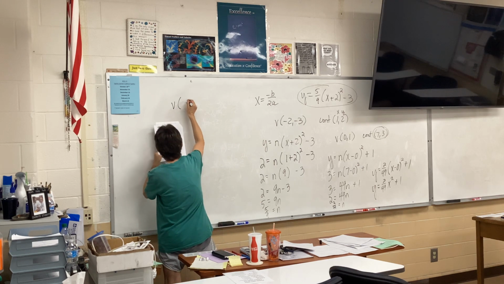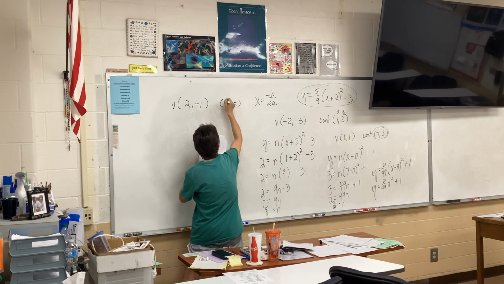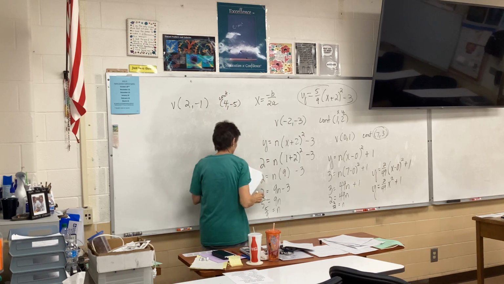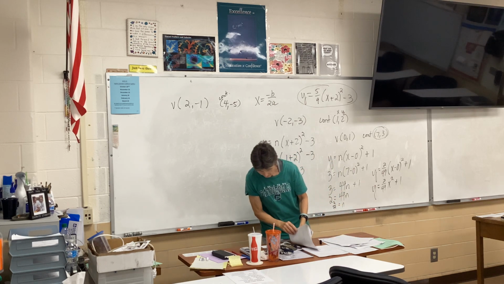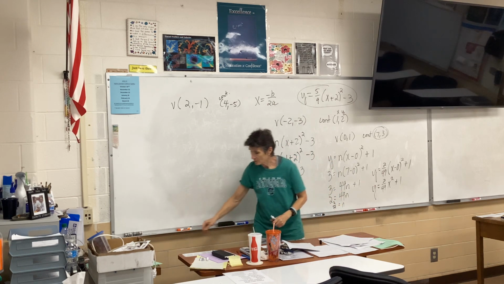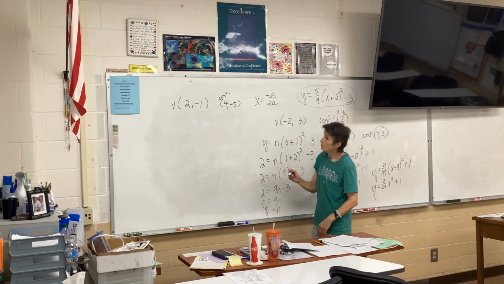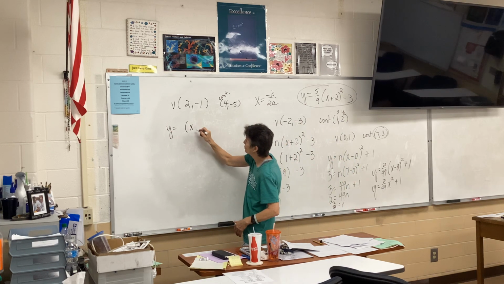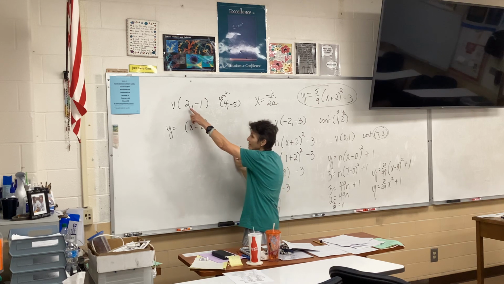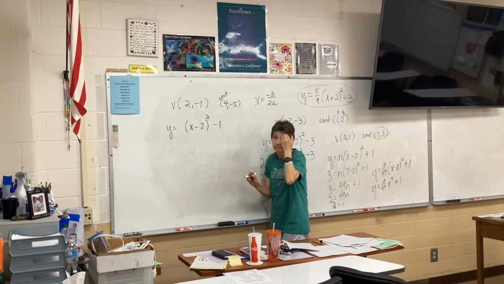Last problem, here we go. So what do we know? We know that whatever's happening with this guy, we know he has moved 2 units right and 1 unit down.